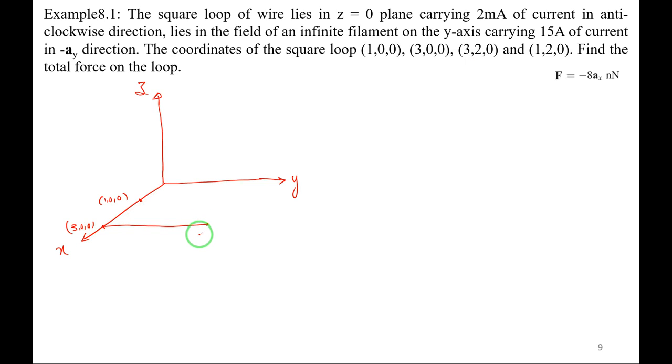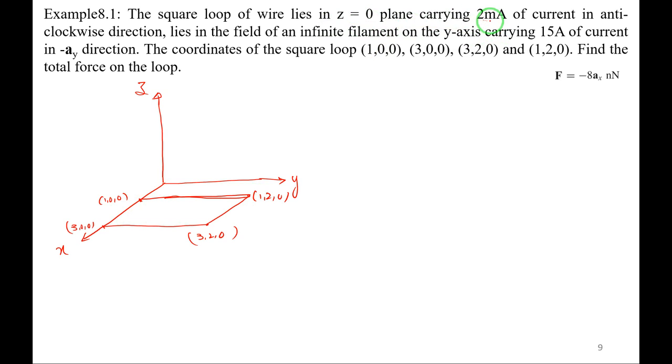Next 1, 2, 0: x is 1, y is 2, it will come somewhere here. Is it fine? So this is a square loop.